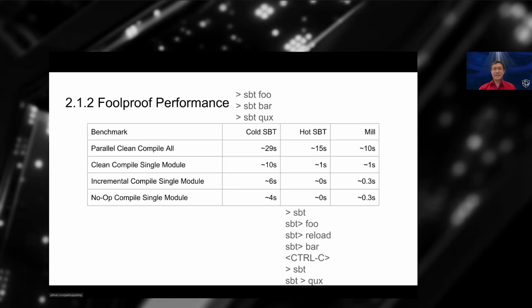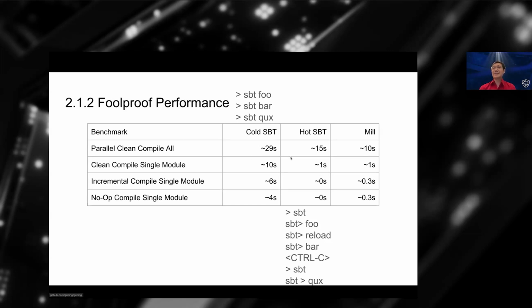The second set of benchmarks is the hot SBT numbers, where you open up the SBT console and run things in it, and then you get much better performance. For example, parallel clean compile of the whole Gatling code base is twice as fast in the hot SBT console, and clean compile of a single module is 10 times as fast in the SBT console as it is running SBT from the command line.